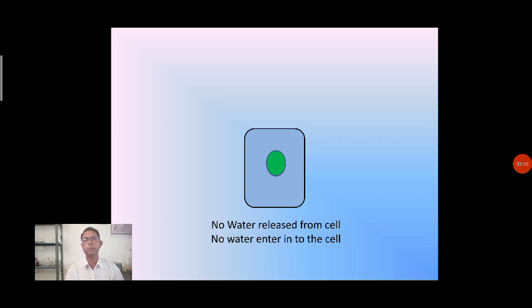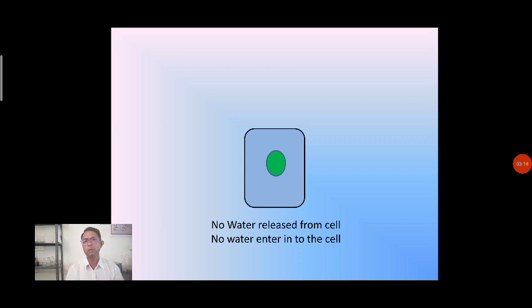So there will be hardly any exchange of water molecules. Means not a single drop comes out of the cell, and not a single drop is added to the cell. So the cell remains as it is in that particular solution, suppose water.